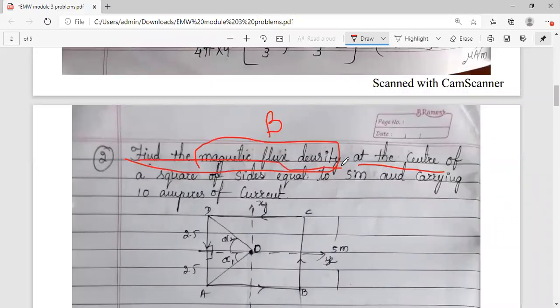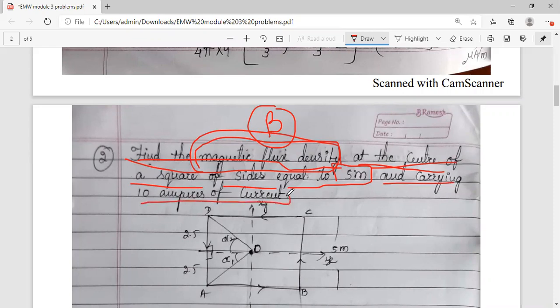Find the magnetic flux density, capital B, at the center of a square. So you have a square with you. Whatever conductor is there, it is put in the form of a square of sides equal to 5 meters. So the side length is given, that is 5 meters, and it carries a current of 10 amperes.